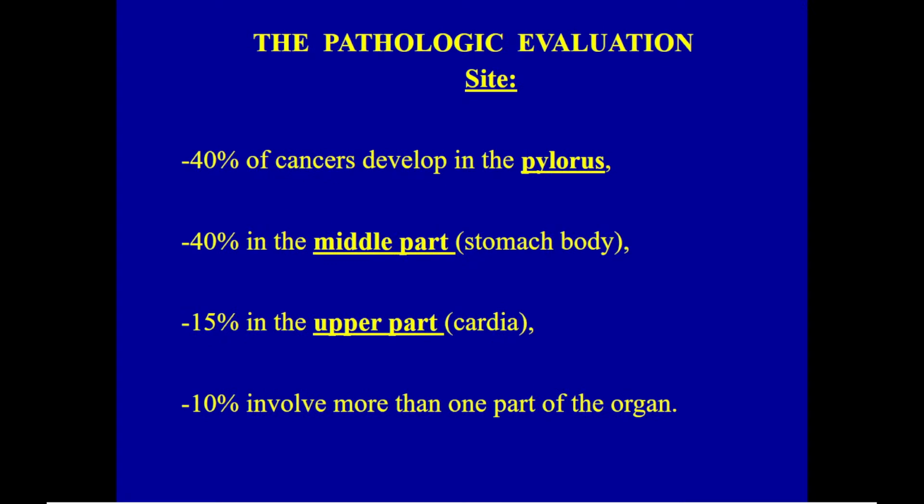Localization of the tumor. 40% of cancers develop in the pyloric part of the stomach, 40% in the middle parts of the stomach body, 15% in the upper part of the stomach, the cardia, and 10% involve more than one part of the organ.